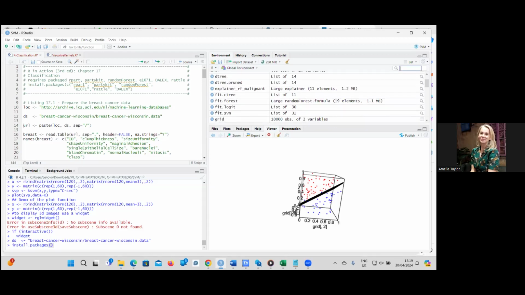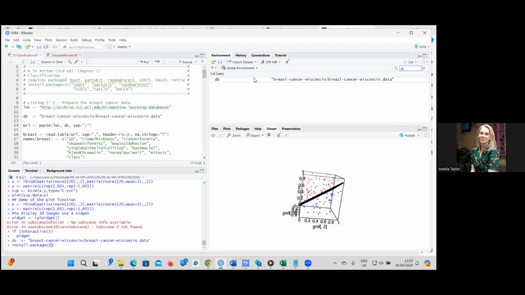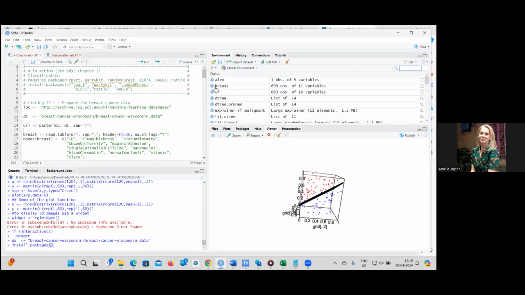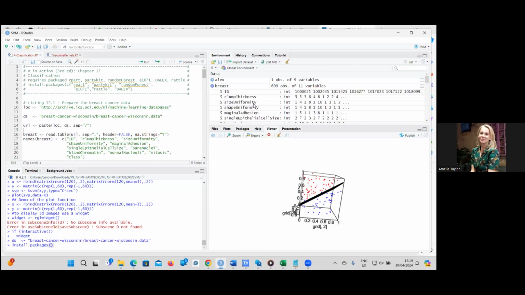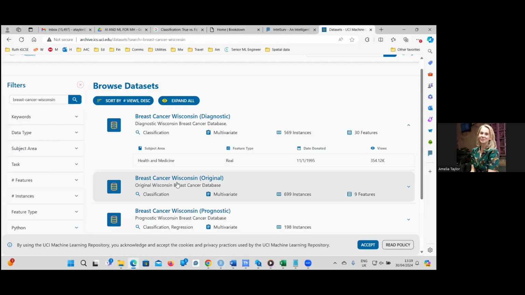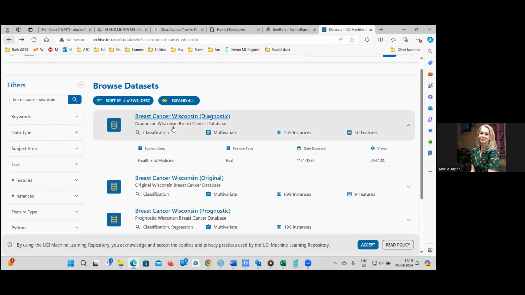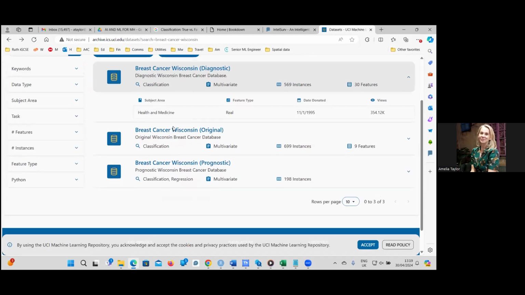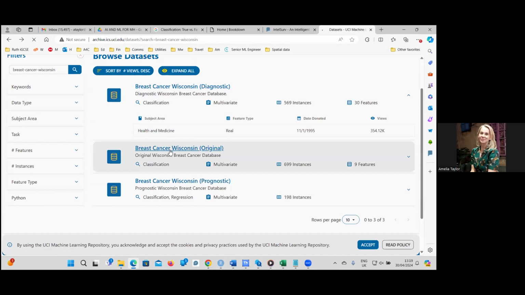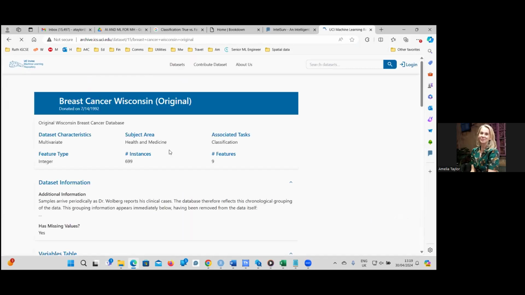Let's see. Okay, so we have our data and it's in the variable breast. If we look at our variable breast, you can see that there are 11 variables here. This means that actually it's not the diagnosis, but probably the other data set. Let me look again and see. 9 features. So I'm thinking that is this one here, the original data set.